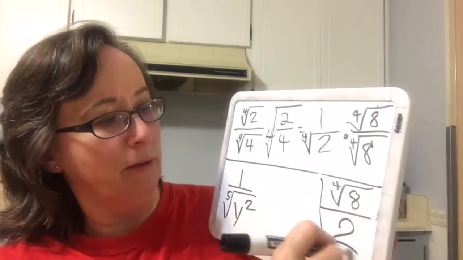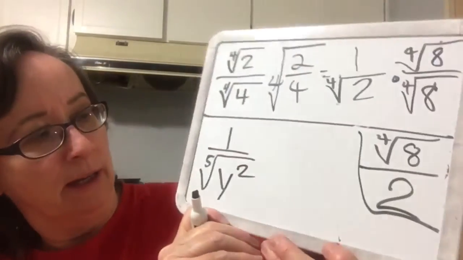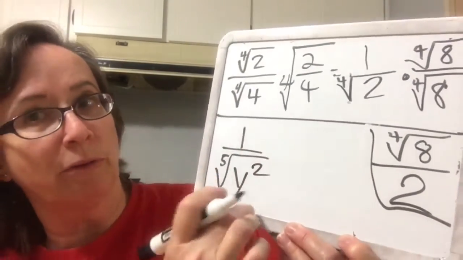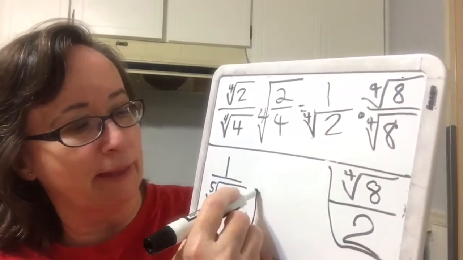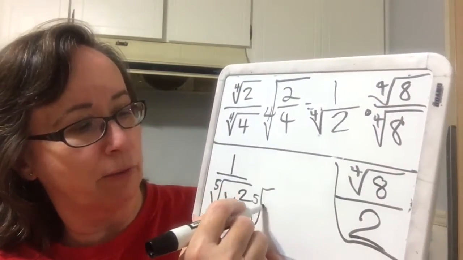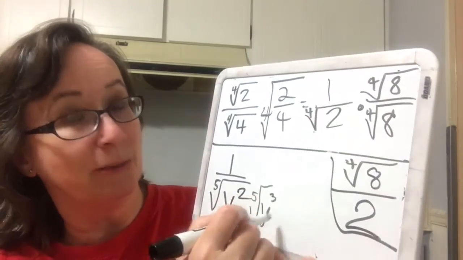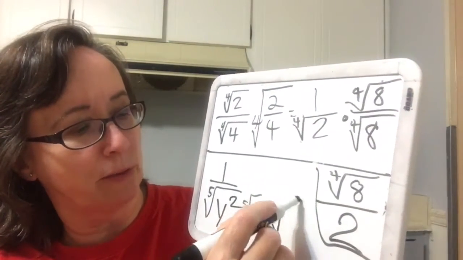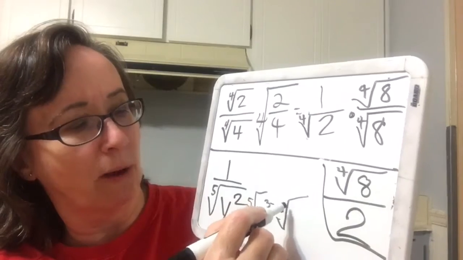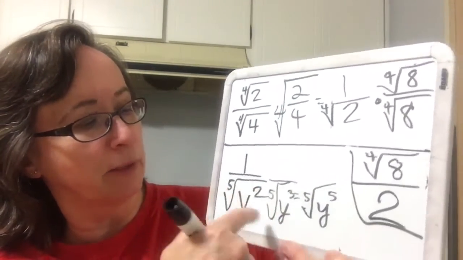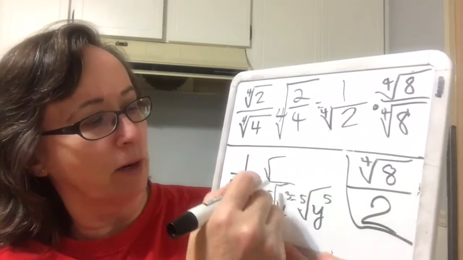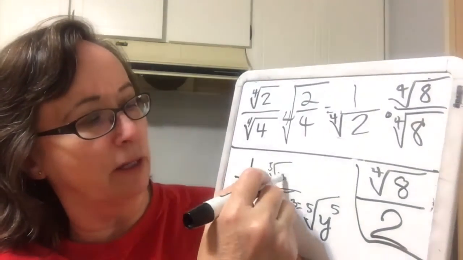Okay, and so the last one here is the 5th root of y squared in the denominator. Well, I need to multiply that by the 5th root of y cubed to get to the 5th root of y to the 5th. That's what I'm trying to get to. So I have to multiply by 1 in the form of the 5th root of y cubed.